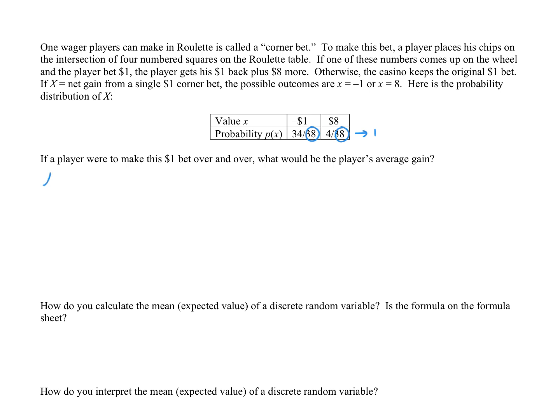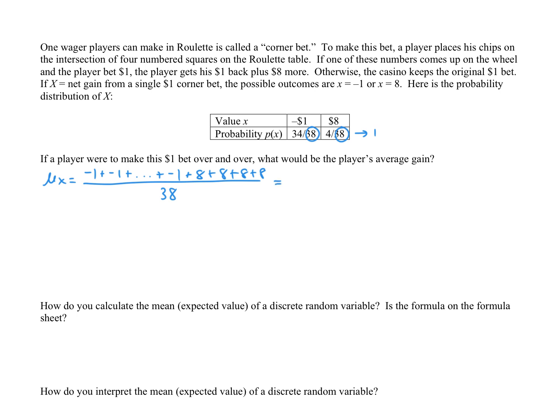If this were a perfect world, then the player would lose $1 34 times and then win $8 4 times. And then we would have to divide, of course, by the 38 games. Now, is this likely what's going to happen? No. This is what we would expect in a perfect world, but it's not likely to be exactly what happens.